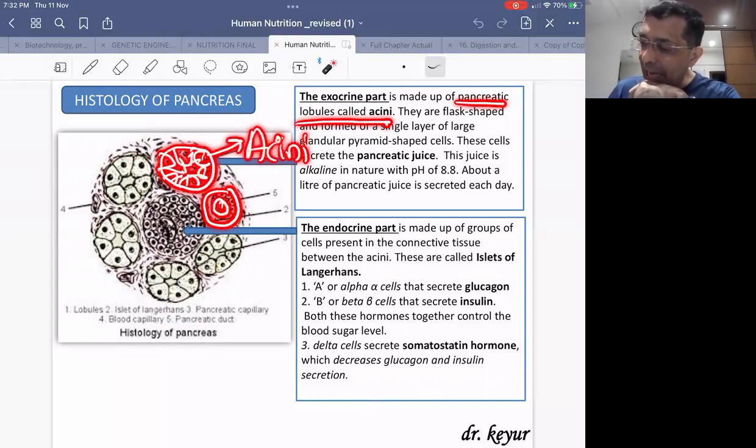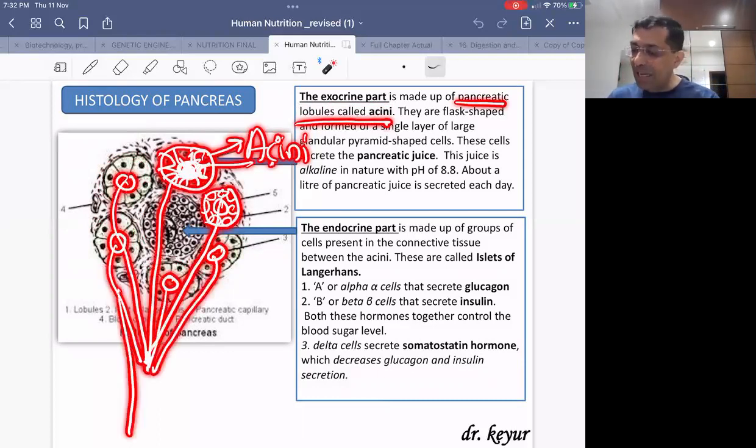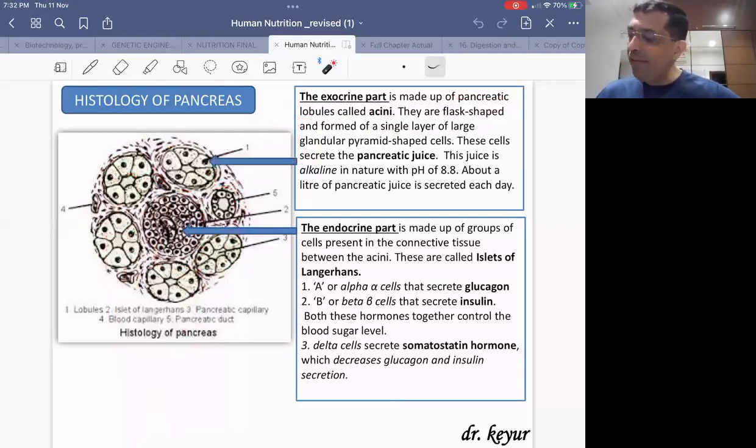And these pancreatic enzymes go into a central lumen. बीच में एक lumen होता है, and all the pancreatic enzymes enter into the central lumen, and via the lumen, the pancreatic enzymes enter into a duct called the pancreatic duct, which then opens into the duodenum along with the hepatic duct. And those enzymes are collectively called pancreatic juice.